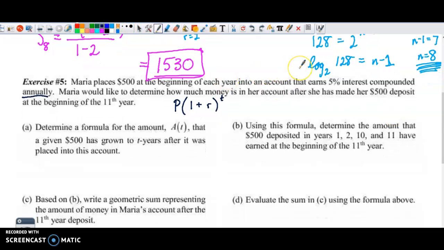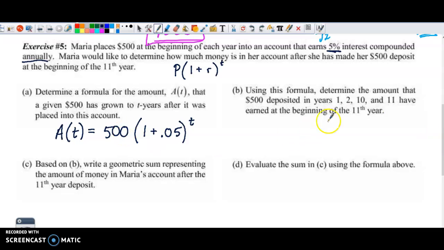Right now, what you need to recognize is that she's going to continue to make $500 deposits over and over again. And that's where we're going to get into the series. When we look at this problem, the formula for A of t for each deposit is 500 times 1 plus 0.05 to the t power. You might be saying, I'm still not seeing the series.